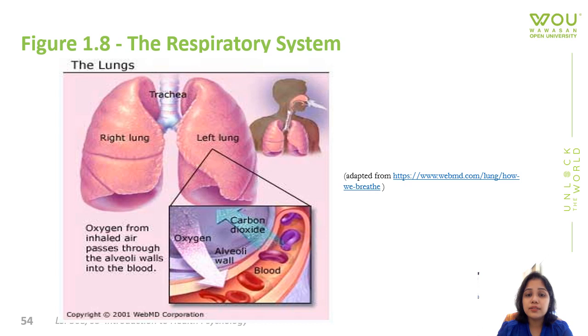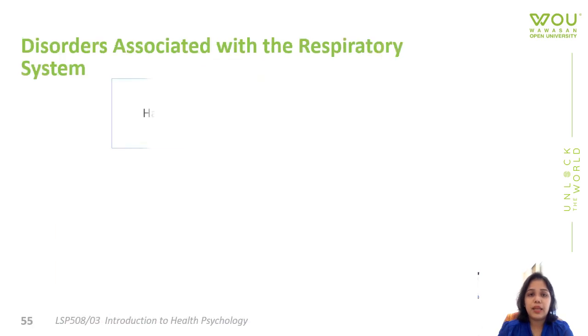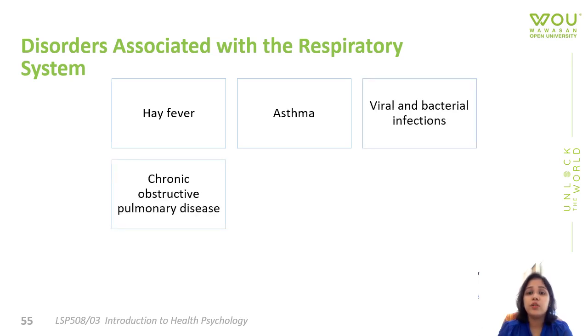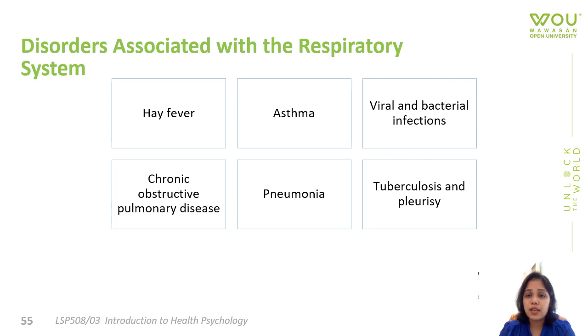Right and left lung, and of course, oxygen from inhaled air passes through the alveoli walls. There are also disorders associated with the respiratory system, for example, hay fever, viral and bacterial infections, chronic obstructive pulmonary disease, pneumonia, and pleurisy, as well as lung cancer.